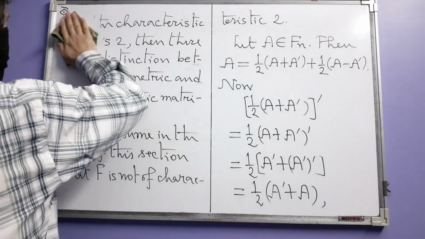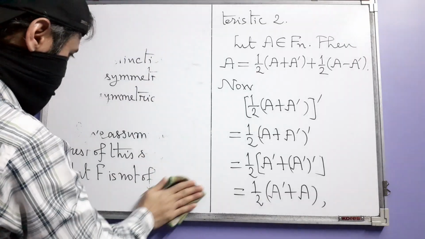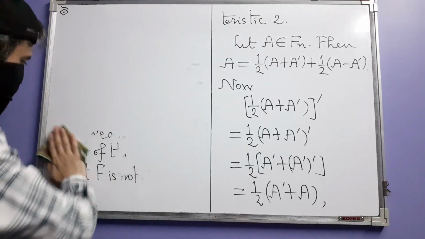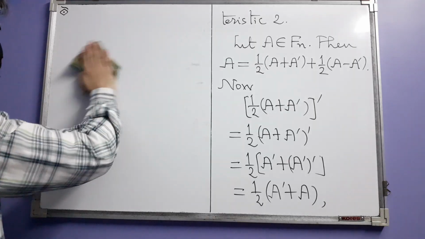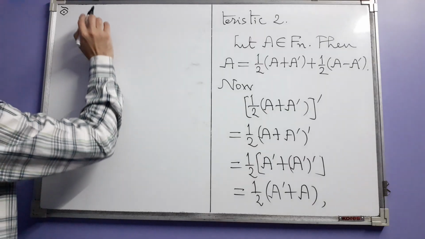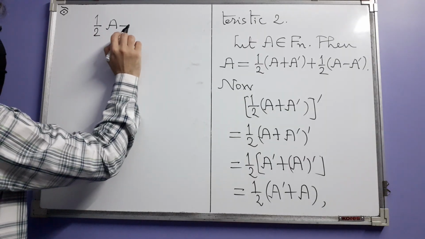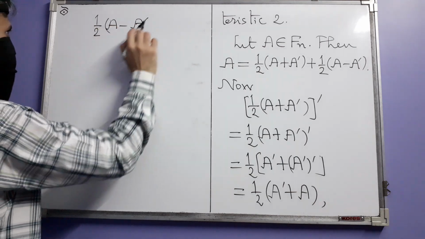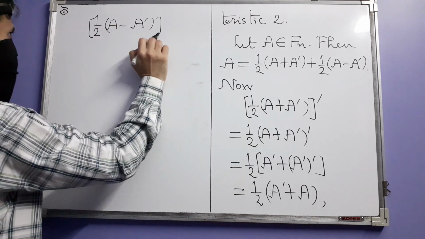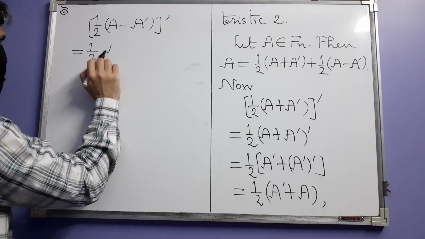Similarly, let us take the transpose of the other matrix also and let's see what we get. Again, the scalar comes out first.